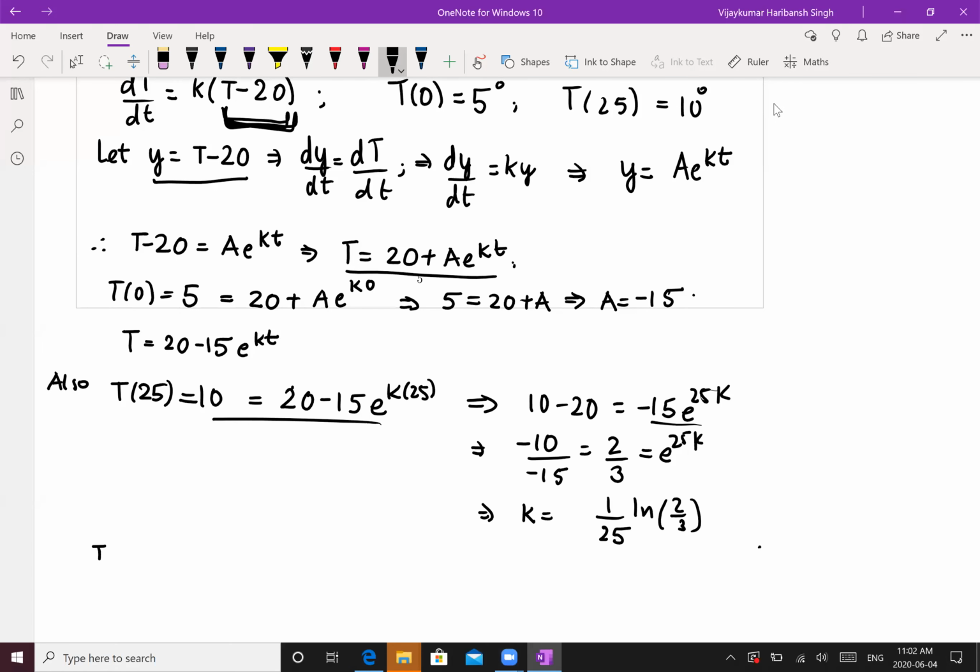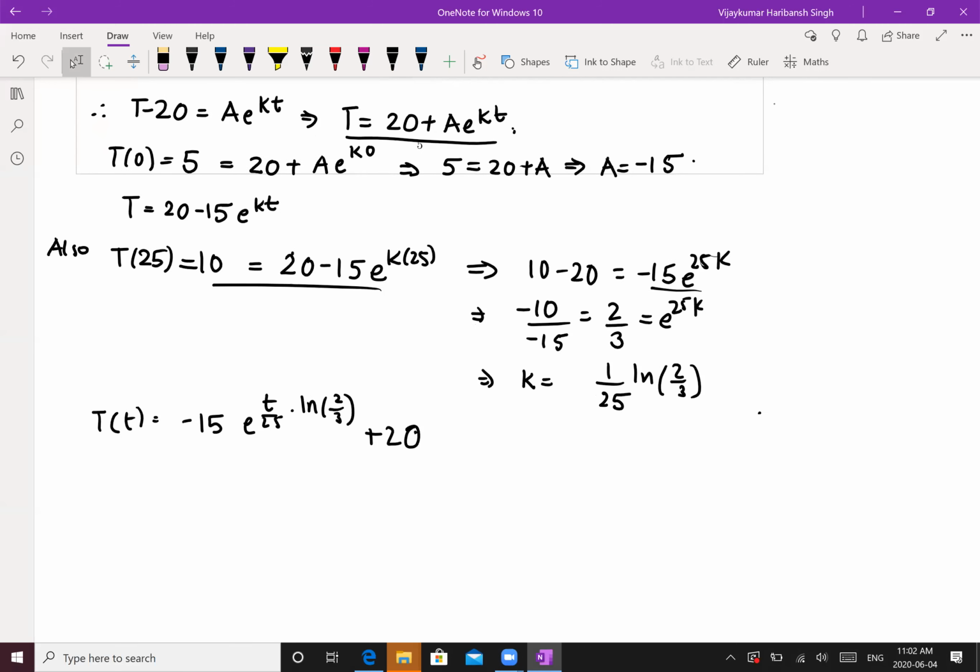Then what do you get? Your t of t is going to be minus 15 e to the power t by 25 times ln of 2 by 3 plus 20. Now if you want to simplify this as an exponential, you can.